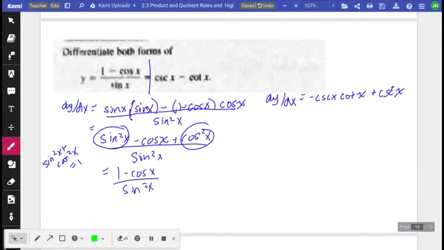And we can actually prove that these are the same. Those are the derivatives, and it doesn't look like you can simplify it much, but you really can, because I can rewrite this as negative 1.